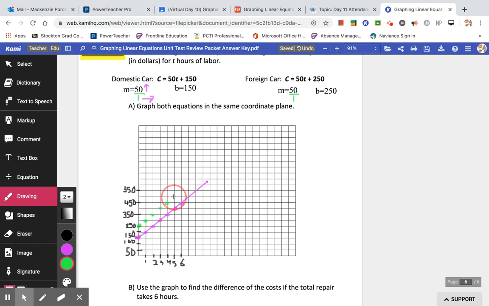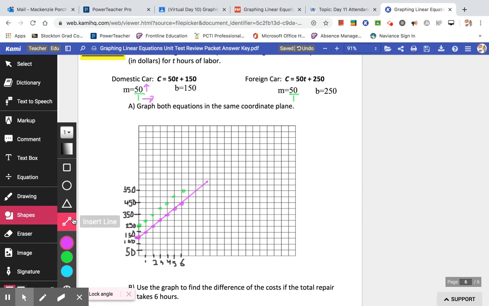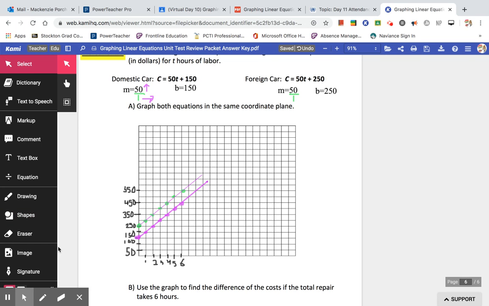So again, I'm putting all these points on just to make sure my line's a little bit more accurate because we're using Kami. Okay, so that is going to be our second line. Okay, so that's going to be our graph here for these 2 equations.